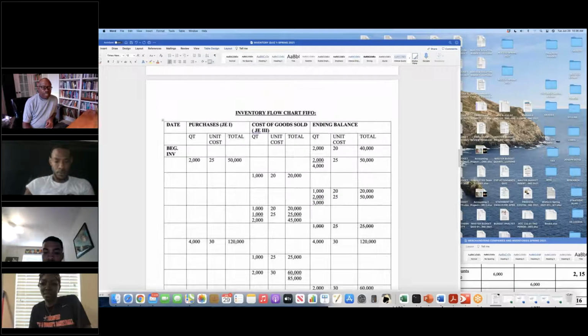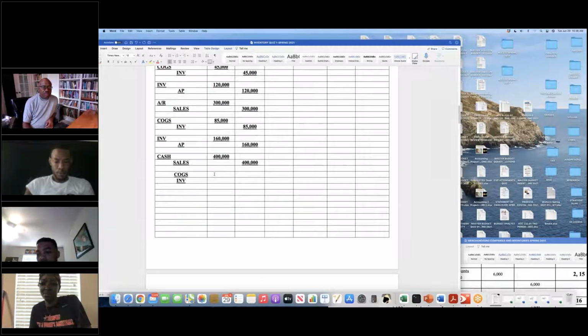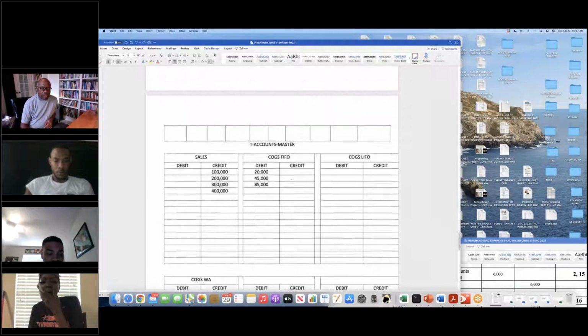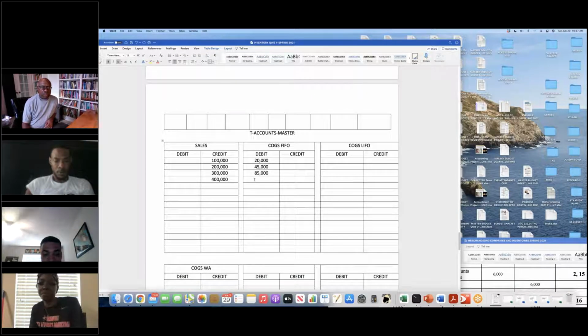We take the 140, we put it in our journal entry. And then we go to our T account and put the 140 for the cost of goods sold in. So if I add up all the credit sales, how much are the sales at this point since we're finished? $1 million.